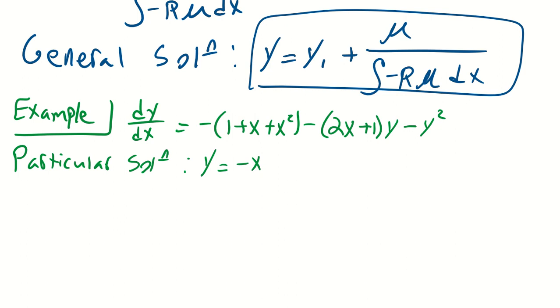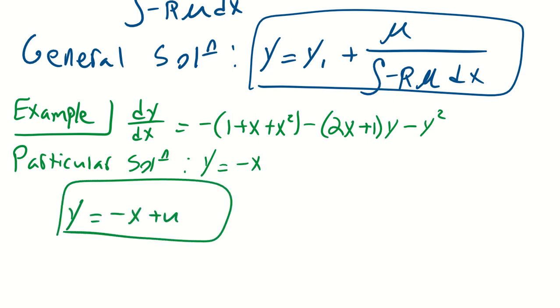So our general solution is going to be something like y is equal to minus x plus u. We're going to need to figure out what u is. First, from our general solution, let's take the derivative. So now we have dy/dx is equal to minus 1 plus du/dx. Then we can do our substitutions, just like last time.